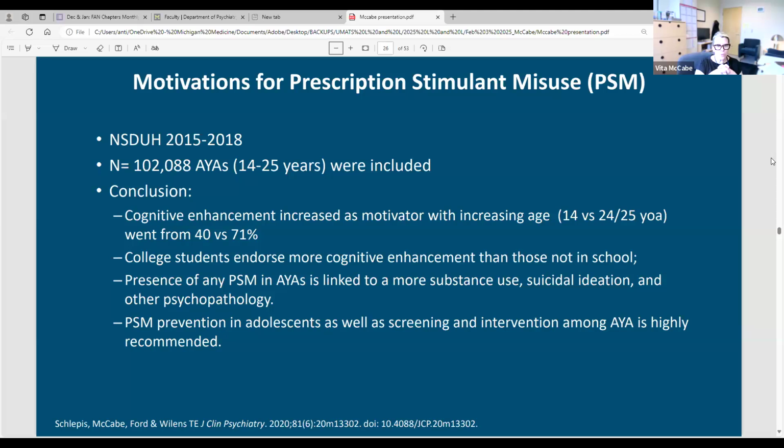Presence of any prescription stimulant misuse was linked to more substance use, suicidal ideation, and other psychopathology. It's worth pointing out that one take-home is that prevention in adolescence, as well as screening and intervention among adolescents and young adults, from our perspective, should be considered.